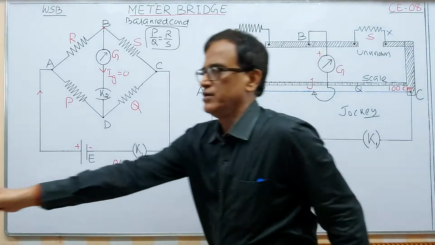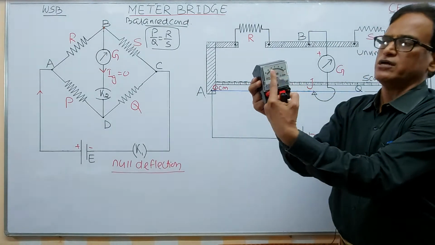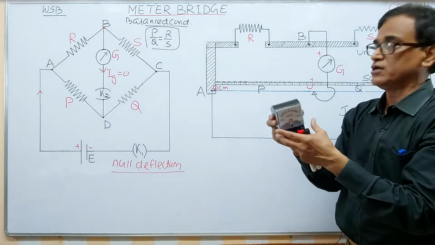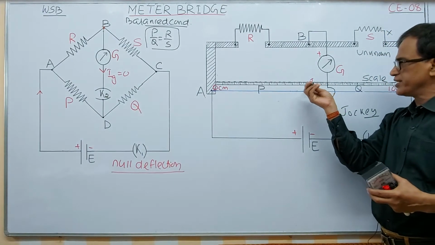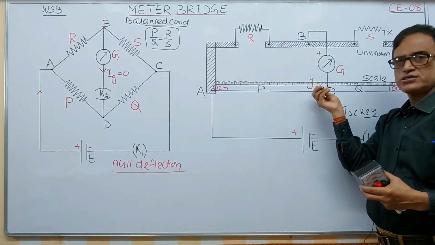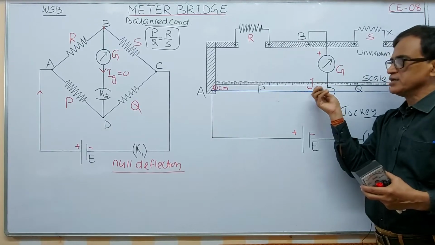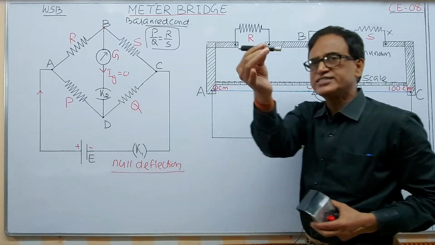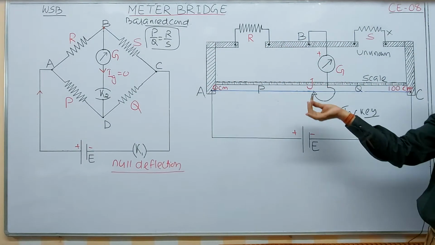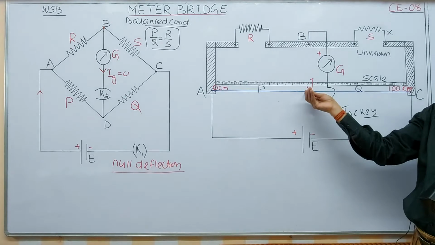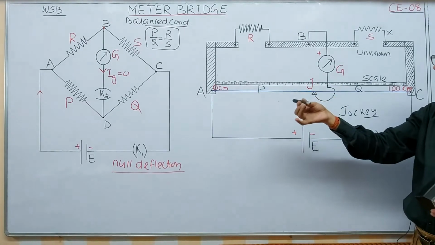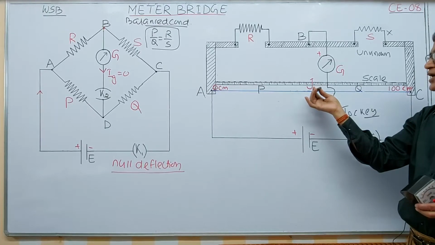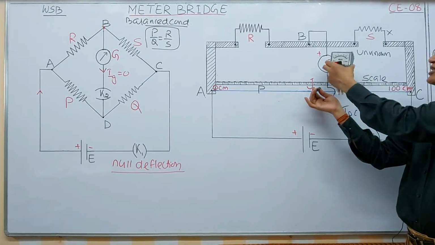Sometimes in the galvanometer it goes to right, sometimes galvanometer goes to left. It is a not balanced condition. You can adjust in such a manner here at certain points with the jockey, at certain point D, and at this point say the galvanometer shows the zero deflection.